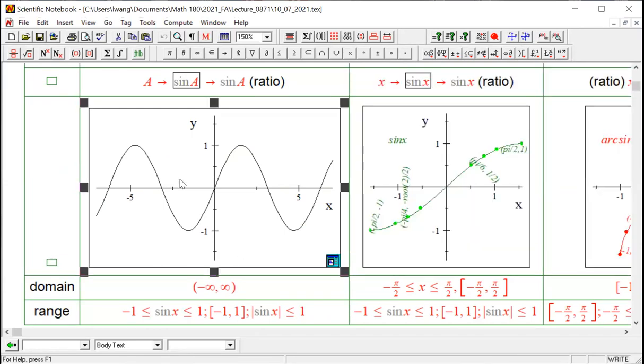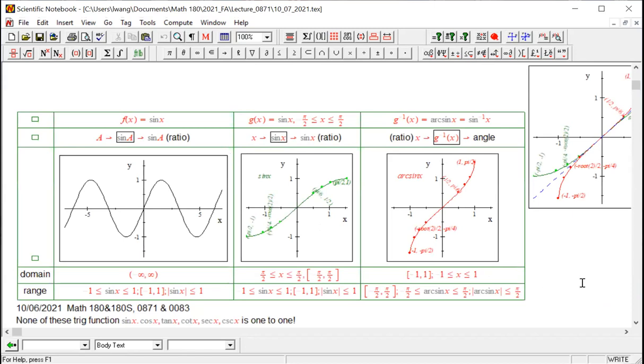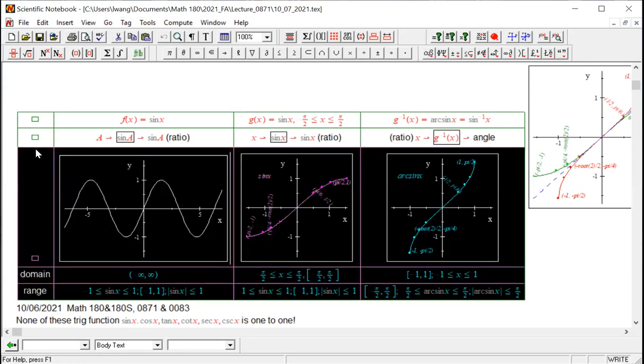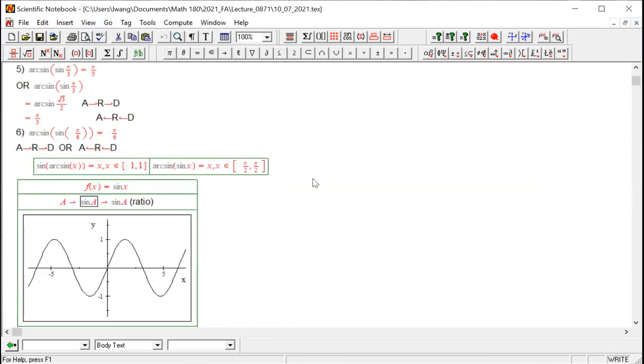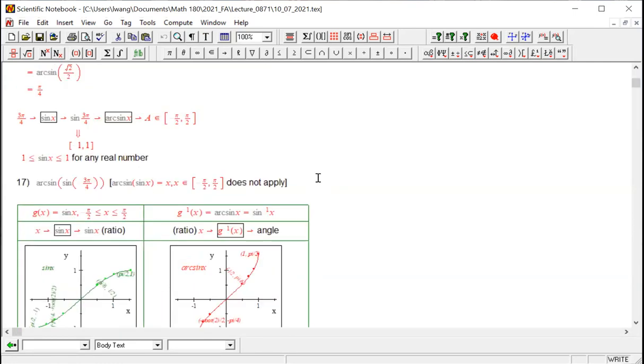I'm going to take this graph and put it here, to give you some visual about this.